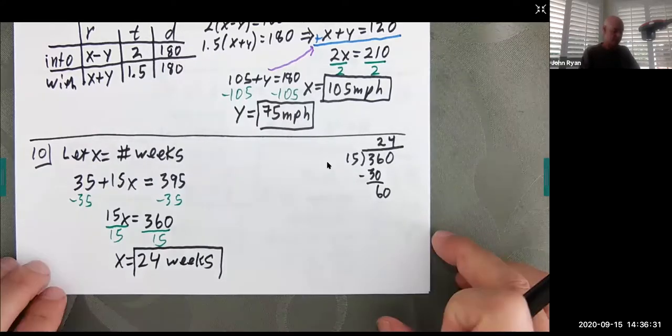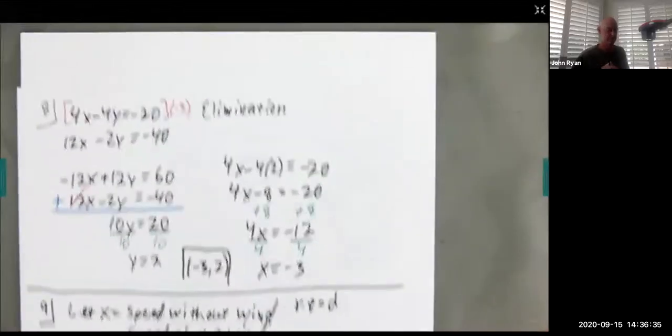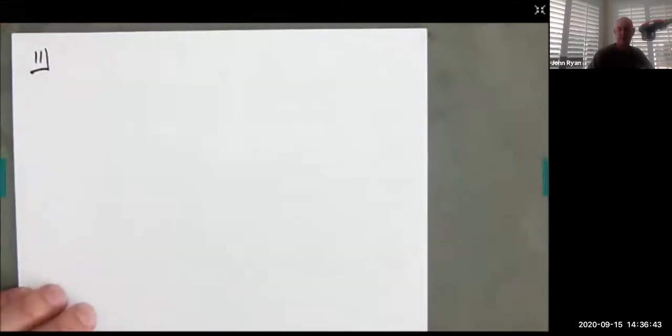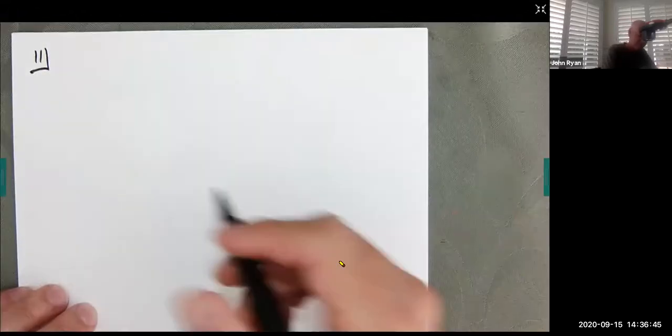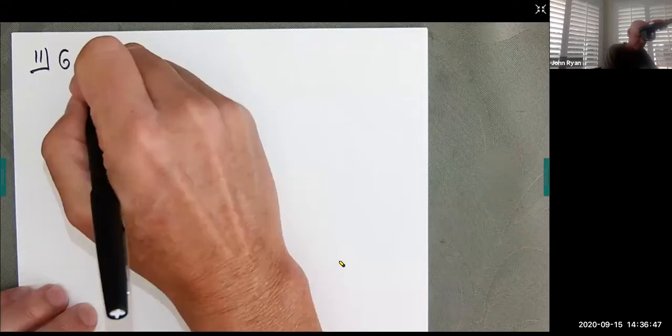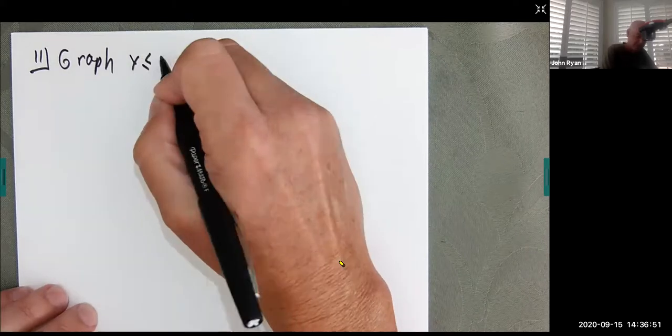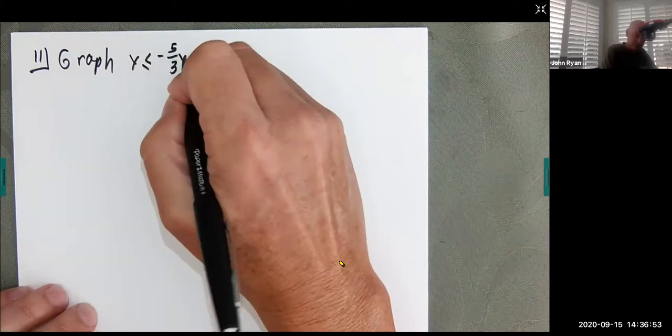All right, what are the last two questions? So I'm going to frame this. Number 11. And number 11, they're asking us to graph y is less than or equal to -5/3x plus 3.